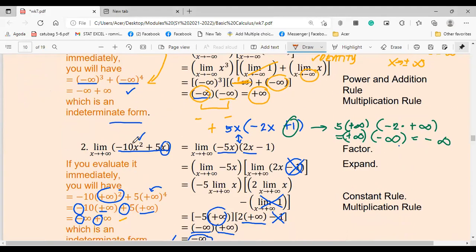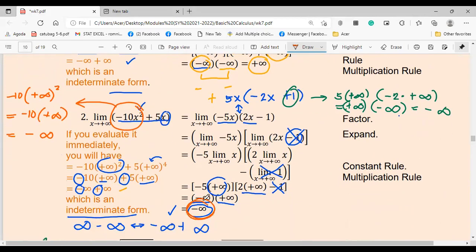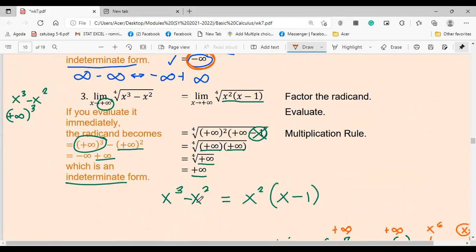Next, ito naman. Ito yung nag-dominate. Ito yung mas mabilis sa kanilang dalawa. So, you have negative 10 times positive infinity raised to 2. Then this will be negative 10 times positive infinity. The answer is negative infinity. Kaya negative infinity itong sagot. What else? Number 3.